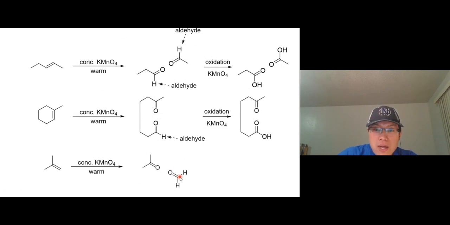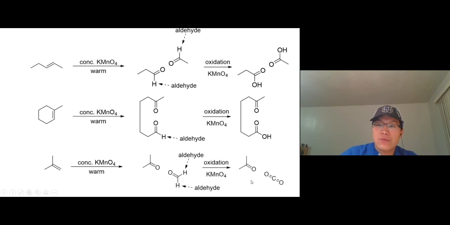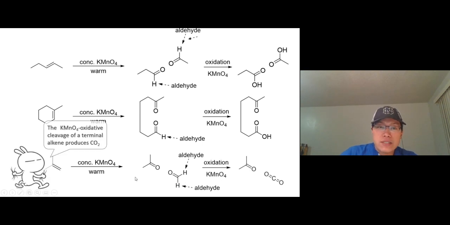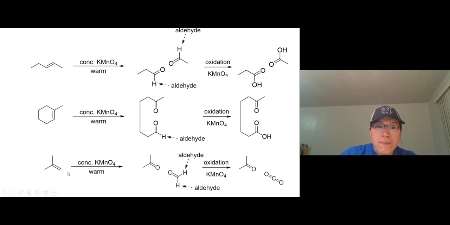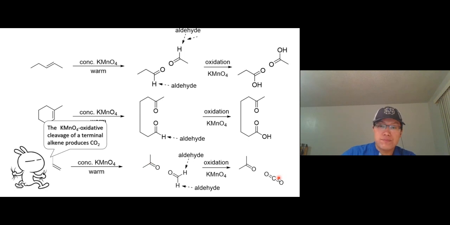You have hydrogen here, hydrogen here. This guy can be oxidized twice, and when it gets oxidized twice by permanganate, it goes to carbon dioxide right there. So my point is, if you see a terminal alkene, that part right here will turn into carbon dioxide.